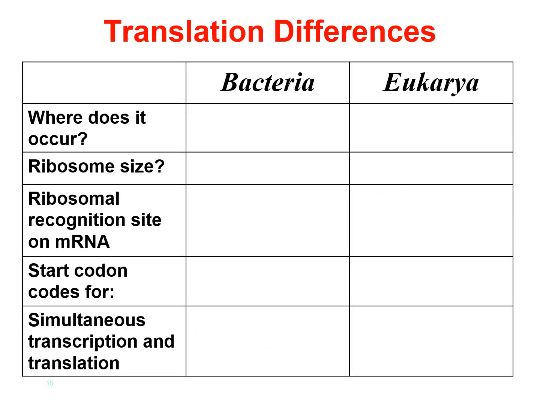All right, let's put down the differences between the bacteria and eukaryotes in translation. Where it occurs in both bacteria and eukaryotes is in the cytoplasm, and that's because that's where the ribosomes are located. The ribosome size in bacteria is 70S, and in eukaryotes it's 80S.